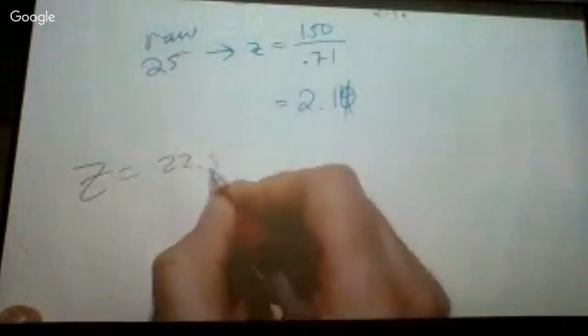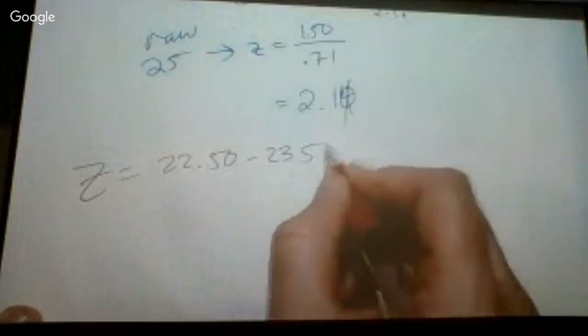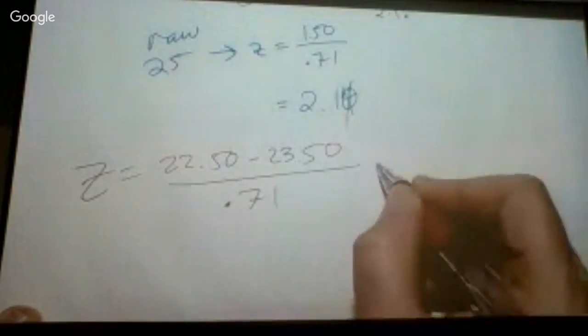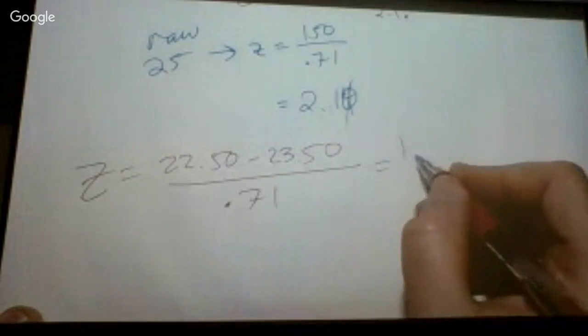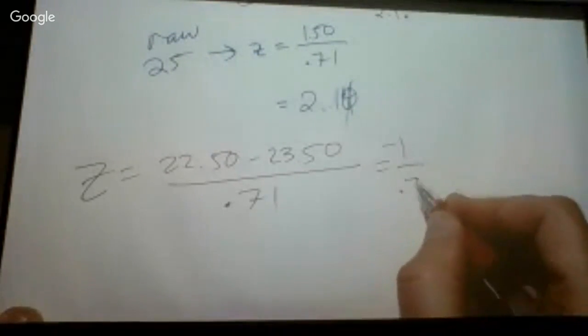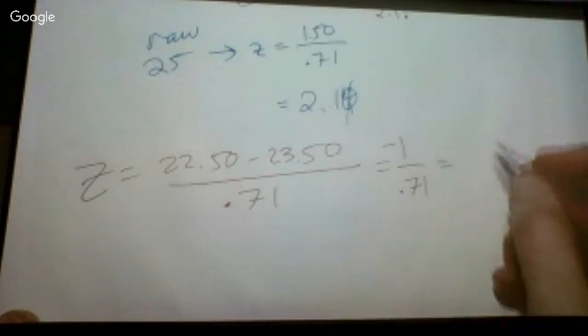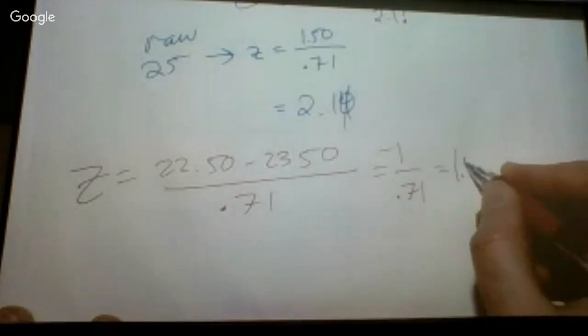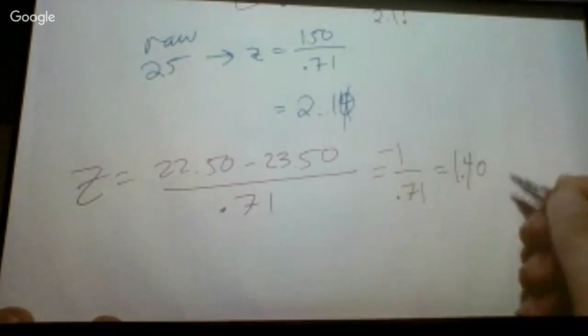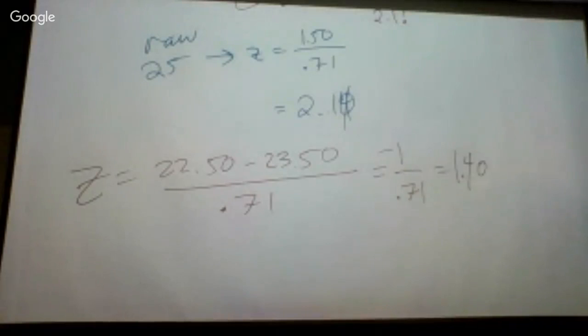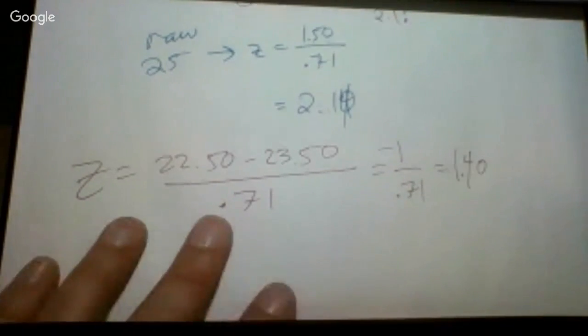Let's try it out. We want to get a z-score for here. 22.50 minus 23.50 over 71 cents gets us $1 over 71 cents, which is 1.4. Is that right? 1.39? 1.41?